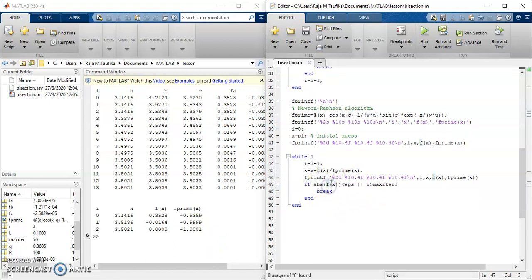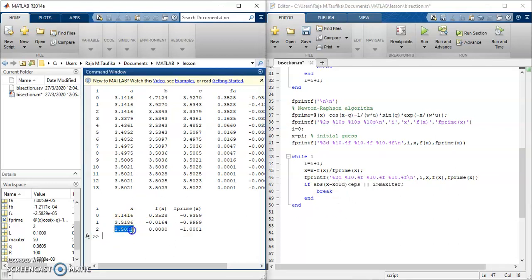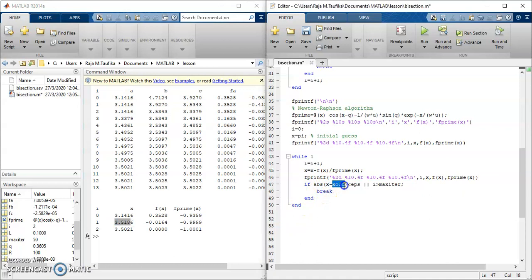The other way to tell the iteration when to stop is by using x minus xo, meaning the current value, the updated value, minus the previous value. By the way, we have to store this xo, that is, before we update the value of x in this line. So first we have to store it in here, xo equals x.